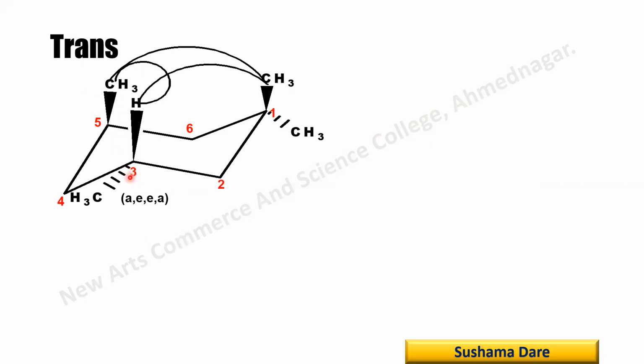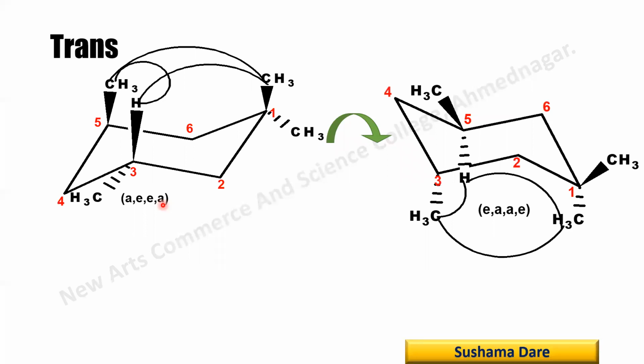Therefore, it is the trans isomer, and the name of the conformer is this: axial group, then this one is equatorial, this one is equatorial, and this is A. So this is termed as the AEE conformer. When we flip it, it gives the same two axial bonds and two equatorial bonds. So energy wise, these two are equally populated.